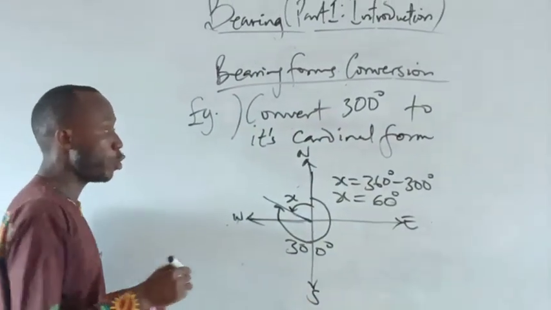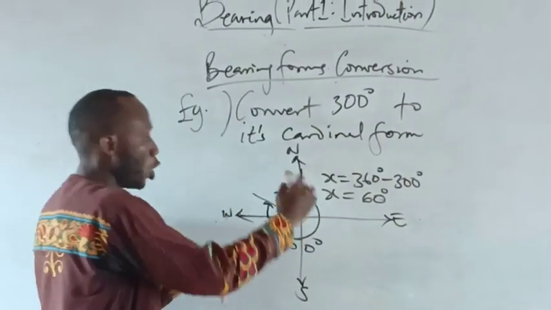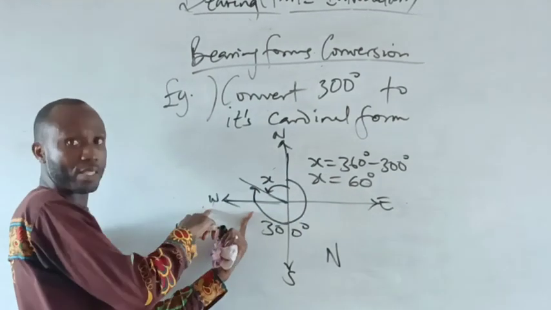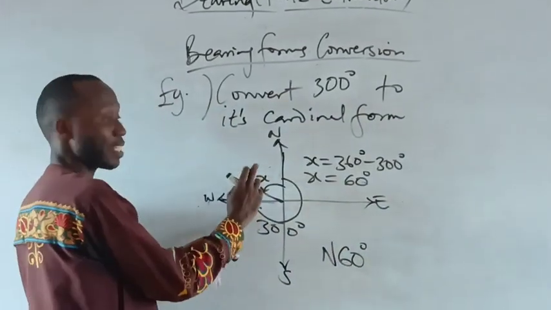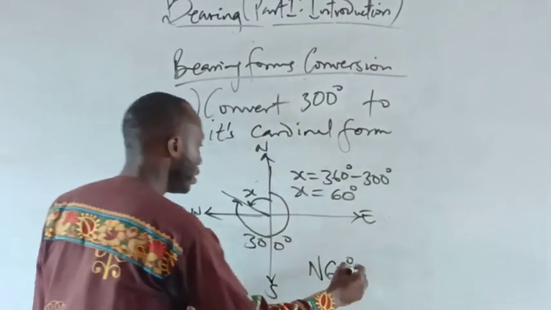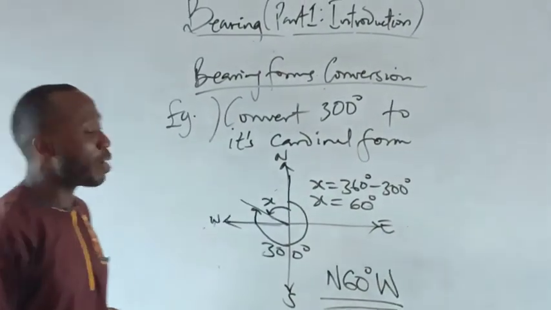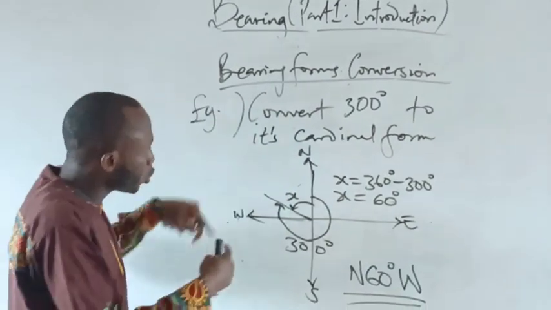We are going to use it to get our cardinal form. So let's get our cardinal form. It has to be north, because the angle is starting from here, heading towards the west. So north, 60 degrees, that's x. Don't forget x is 60. So north 60 degrees west. Okay? So I'm done with converting from the 3-digit bearing to the cardinal form.